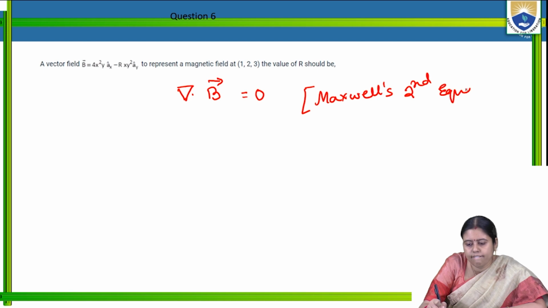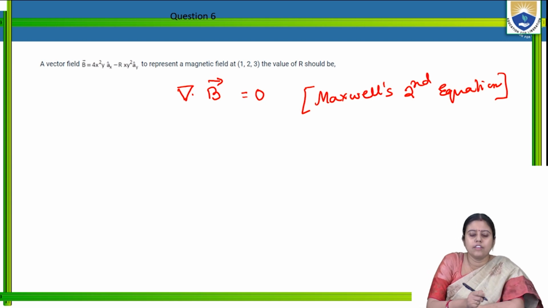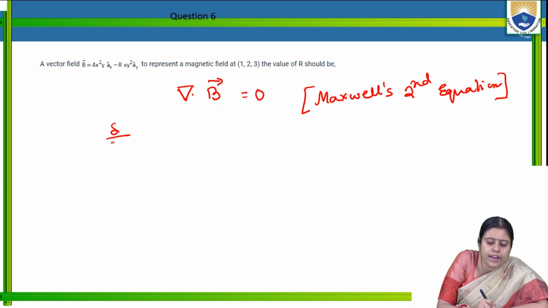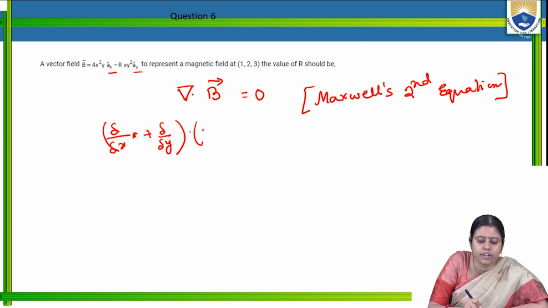Grad dot is del by del x for the ax component plus del by del y for the ay component, which gives 4x square y minus r xy square at the point 1, 2, 3 is equal to 0.